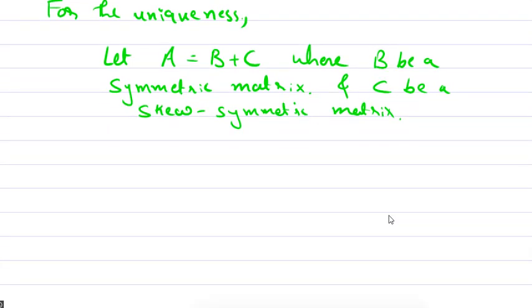What I have to conclude is that B must be A plus A transpose by 2 and C must be A minus A transpose by 2.